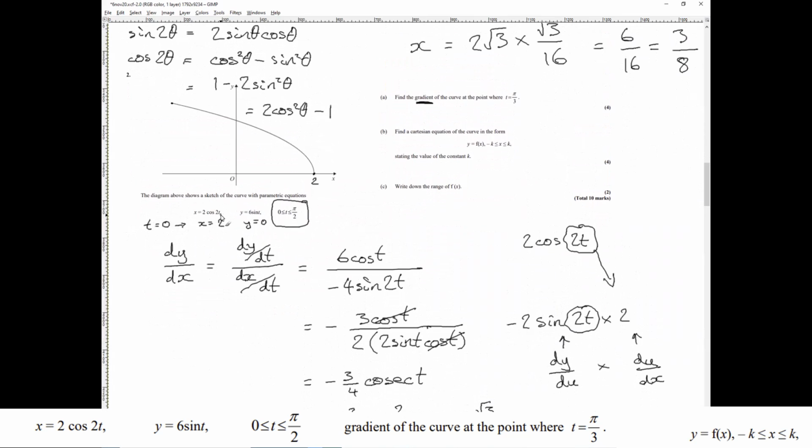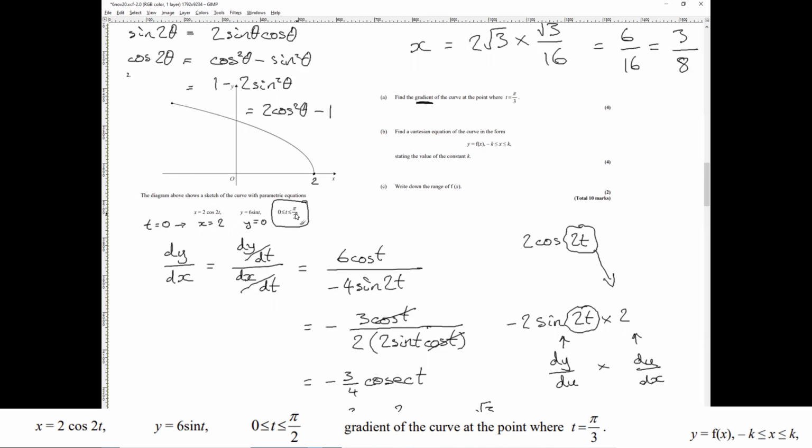So 2t is what? Was it 2 pi? No. What was t? T was pi, wasn't it? Maybe you're not seeing what I'm doing here, which is investigating x and y values for these extreme values of t.